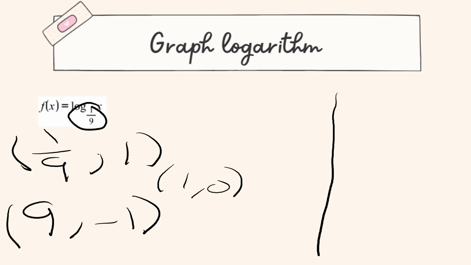So let's write the coordinates: (1, 0), then (1 over 9, 1) somewhere in here, and (9, -1).